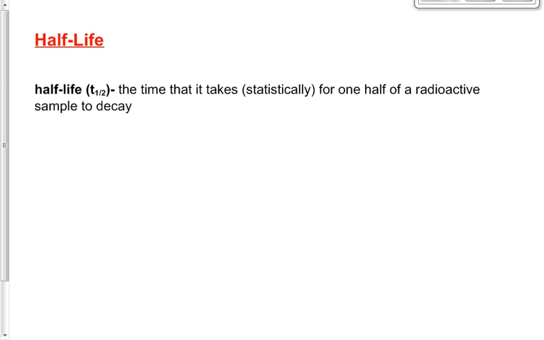But if you have a really big sample size, then the statistics usually hold pretty true. Does that make sense? After one half-life, whatever that time is, you may end up with 200 grams of uranium-235 left instead of 500 grams. But odds are, after one half-life, it'll be somewhere around half of it.